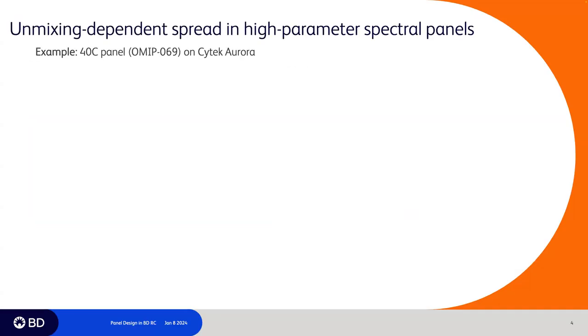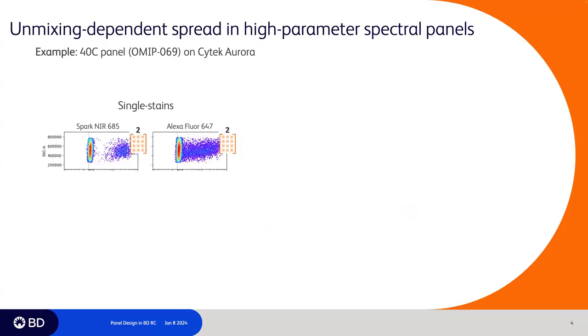So in this example, if we look at single stain samples, either Spark NIR 685 or Alexa Fluor 647, that have been unmixed with themselves and autofluorescence only, so they've each been applied an unmixing matrix of 2, you can see that these have good resolution. The negative population is nice and tight, and there's nice separation between the negative and the positive.